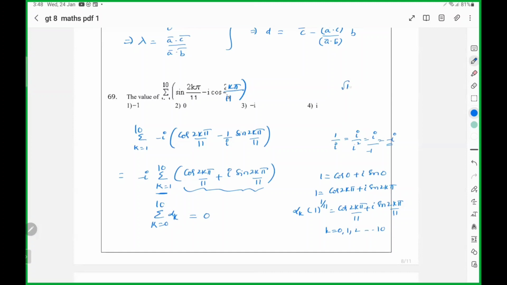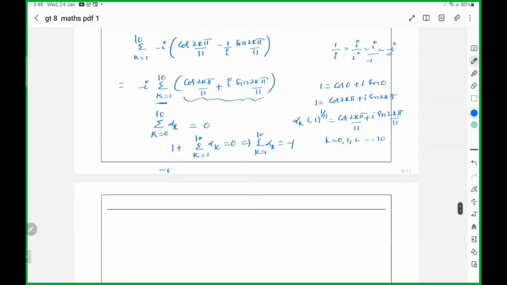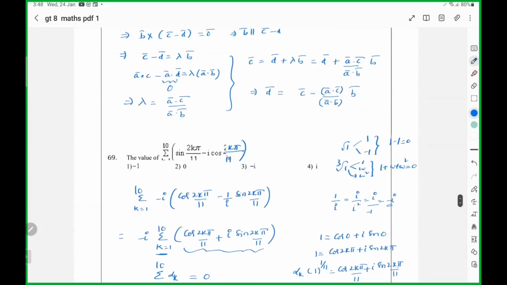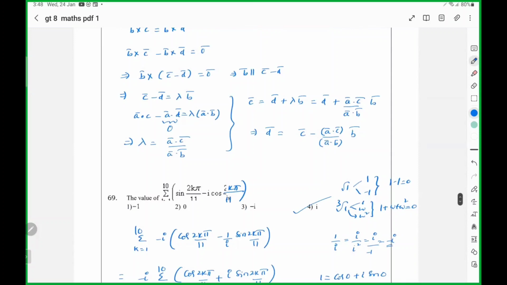For example, for the square root of 1, the sum of the roots is 0. Cube root of 1, you take 1, omega, omega square, the sum of the roots is 0. For nth roots of unity, the sum of all these roots is 0. Here, if you put k as 0, cos 0 plus i sin 0, 1 plus k equal to 1 to 10 alpha k. So sigma k equal to 1 to 10 alpha k is, so this becomes minus i into minus 1, which is i. So the fourth option is correct.